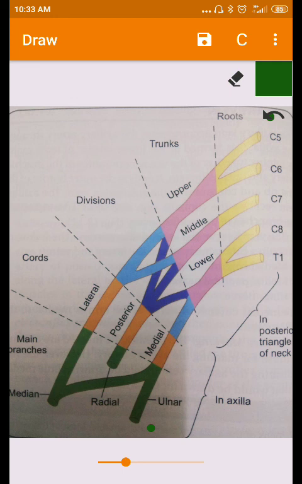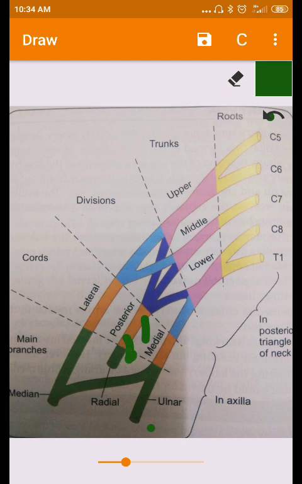The mnemonic is ULNAR, and you should take it only as a mnemonic for the posterior cord, not the nerve. So one is the upper subscapular nerve, next one is the lower subscapular nerve.